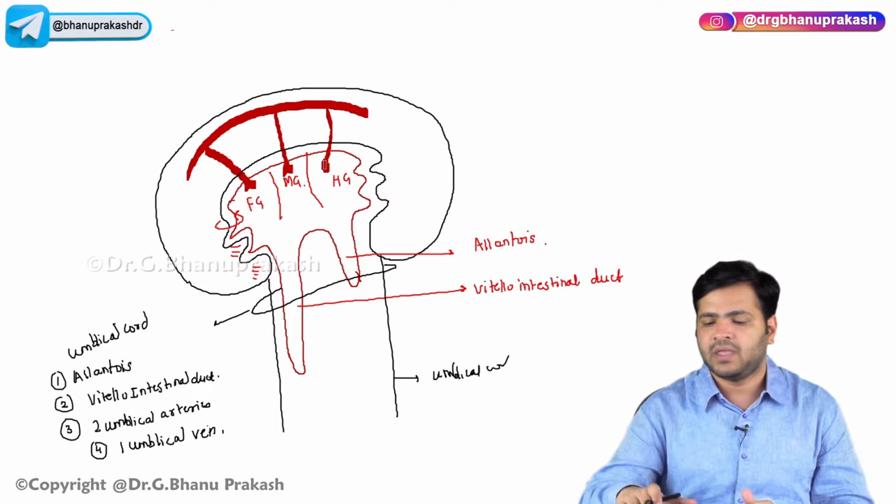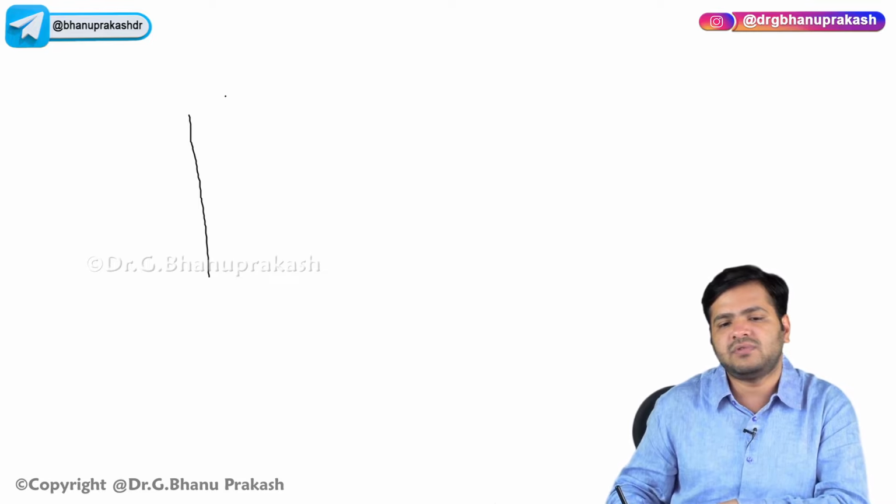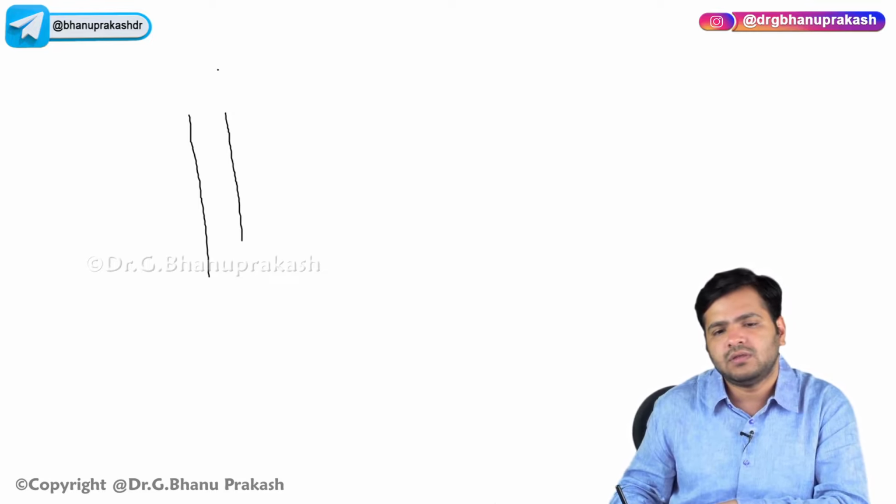So if I want to highlight this, let us suppose this is the gut tube and we have three parts: foregut, midgut and hindgut.